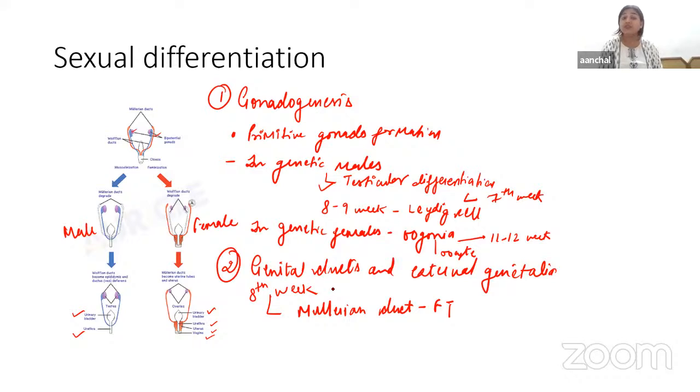In which case, if the fetus is a female, the Mullerian duct will form the fallopian tube and the Wolffian duct will disappear. And the external genitalia assume their female form during the 3rd to 4th month of development.